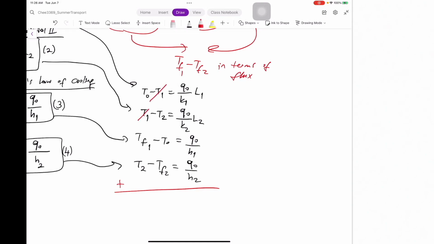T1s are gonna cancel, minus T1 plus T1, plus T2 minus T2 are gonna cancel. Plus T0 minus T0 are gonna cancel.